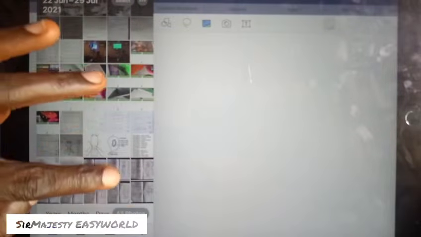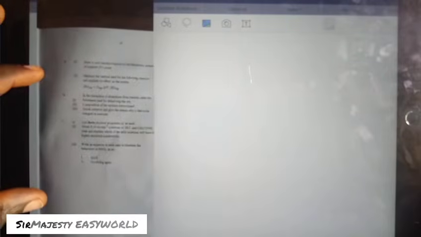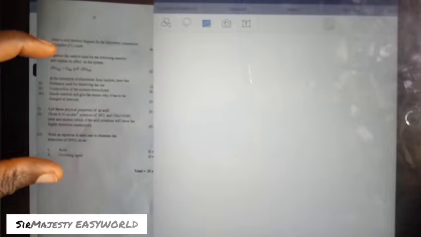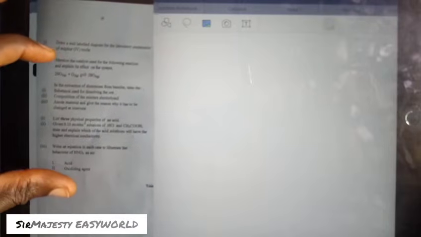Okay, so I think we're there. So this is the question. Yeah, I have to bring it this way so that we can see it well. So draw a laboratory setup.